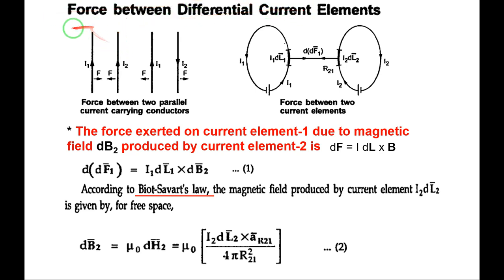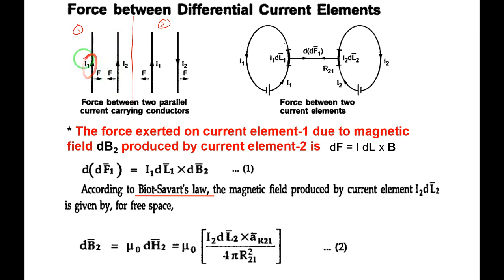Next we'll start the next topic in this chapter, that is force between differential current elements. There are two diagrams, diagram 1 and diagram 2, and I will draw the bifurcation line. This is one straight current carrying conductor, and this is another straight one, separated by some distance. Let us assume the current I1 is flowing upward through this straight filament, and I2 is also flowing upward through the other. Let me call these differential current elements.